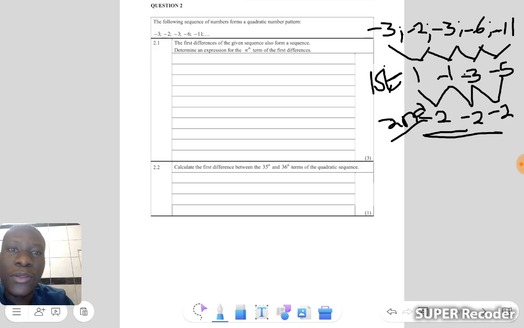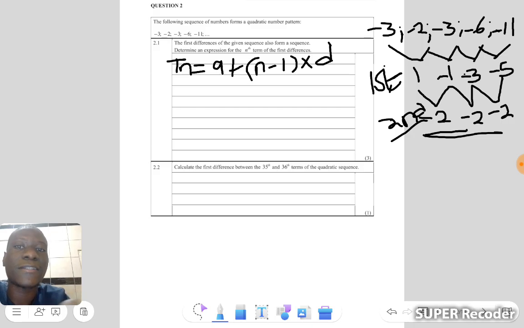So if we go further, we have to know the general formula to find the arithmetic sequence. Remember, here we are finding an arithmetic sequence through a quadratic number pattern. This is what question 2.1 is emphasizing. So Tn equals a plus n minus 1 times d.